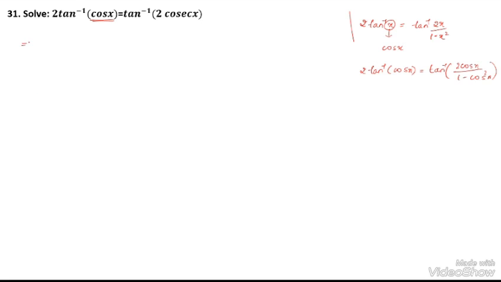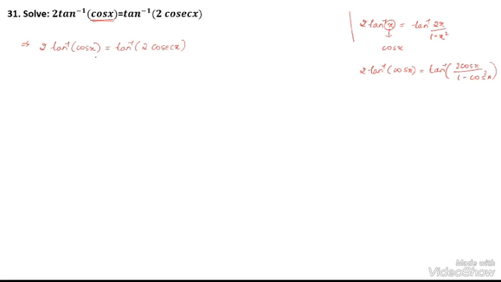I can write 2 tan inverse of cos x is equal to tan inverse of 2 cosec x.